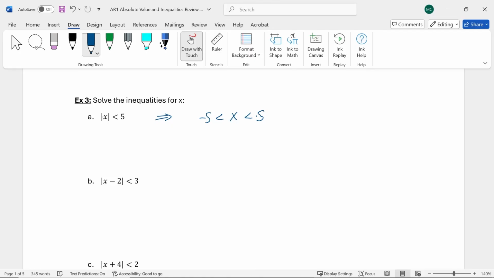That one's completely finished. Now for b here, the absolute value of x minus 2 is less than 3. That's going to imply that x minus 2 is between negative 3 and 3. Now I just add 2 to every side, and that gives me x is between negative 1 and 5.